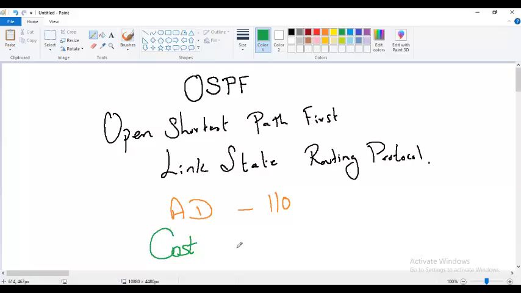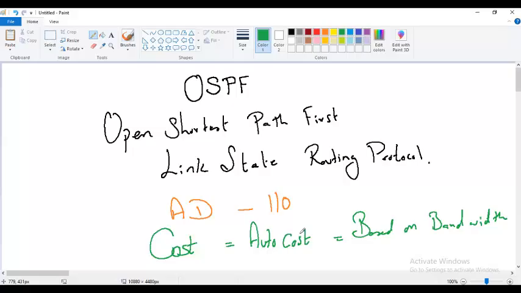If you don't specify, there is auto cost. Automatically, it will calculate the cost based on bandwidth. Based on the bandwidth, it will decide the cost. You can specify if you want to specify a cost.